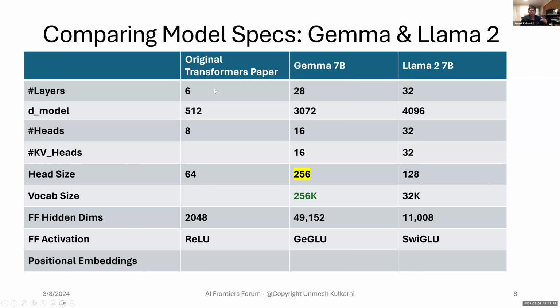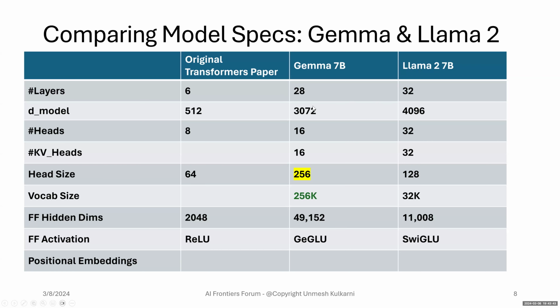And you will see how fast this architecture is becoming fairly complicated, even for small models. Now, we are not even comparing with anything like GPT-4. Those numbers are massive, but this is a tiny model comparatively. From 2017, when the Attention Is All You Need paper came out, we have moved from 6 layers to 28 and 32. So Gemma actually has fewer layers than Llama, which is interesting.